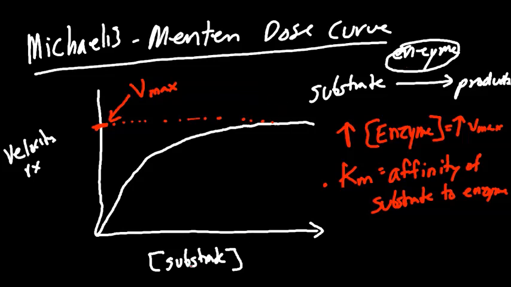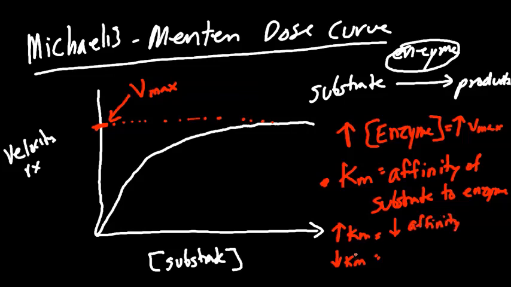When it gets saturated with substrate, as the substrate concentration increases, eventually we'll see this Vmax. However, the Km is a little harder to understand. Simply put, if you have an increase in Km, you're going to decrease the affinity.